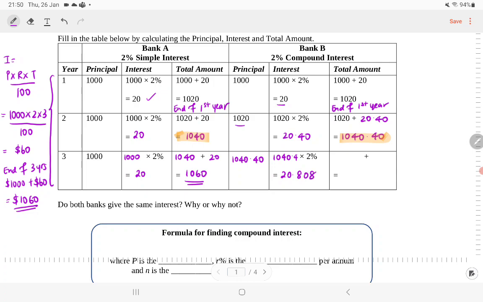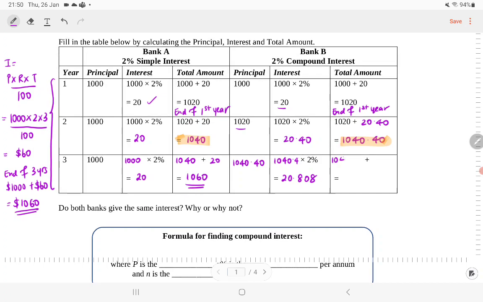But money is to 2 decimal places, so if I add them together, I put it as 81 cents. If I sum it up, I am definitely getting more in bank B compared to bank A.